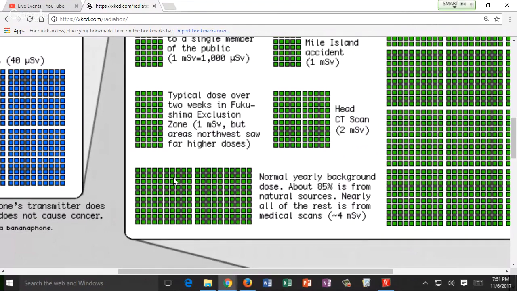Some of those are radioactive, so we're getting some radiation from that. We're getting radiation from space, from cosmic rays, X-rays, gamma rays coming in from space, all that stuff. About 85% from natural sources, and about 15% is an average of X-rays and stuff that you get for your year. So that's your normal baseline dose that all people are getting with radiation.